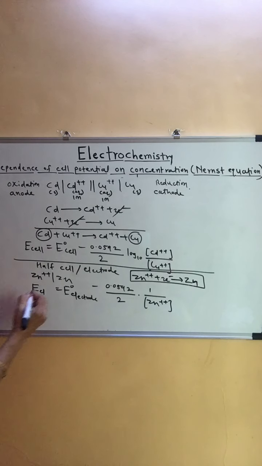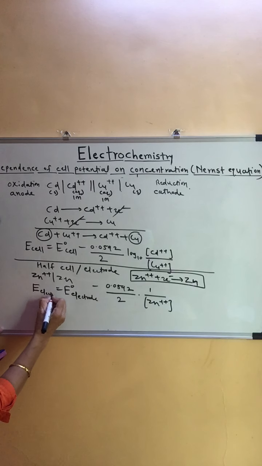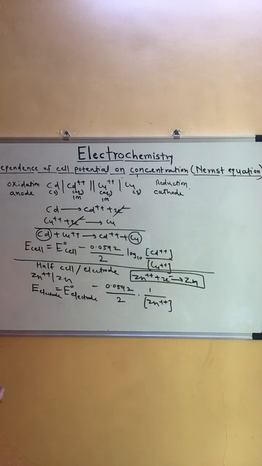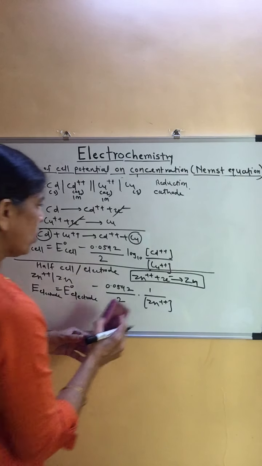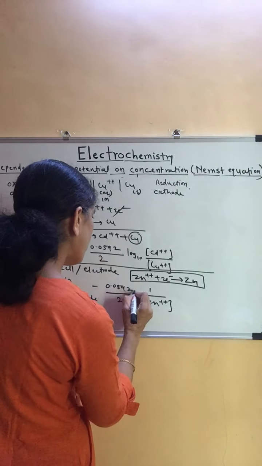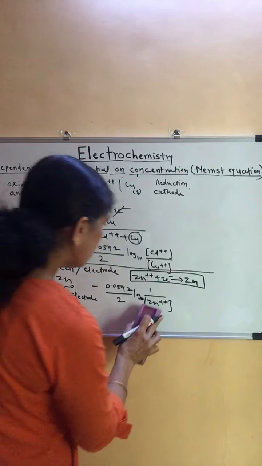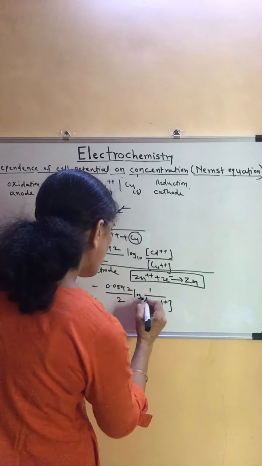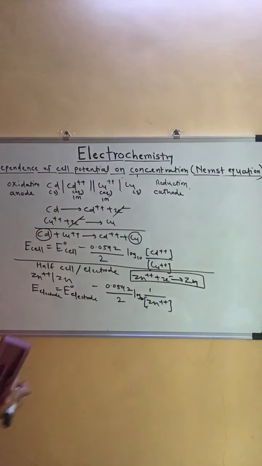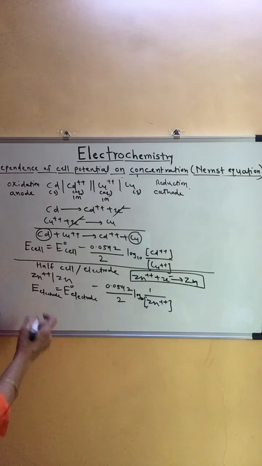E electrode, E half cell is equal to E naught electrode minus 0.0592 upon 2 log to the base 10 of 1 upon the Zn2+ ion concentration. See it carefully.